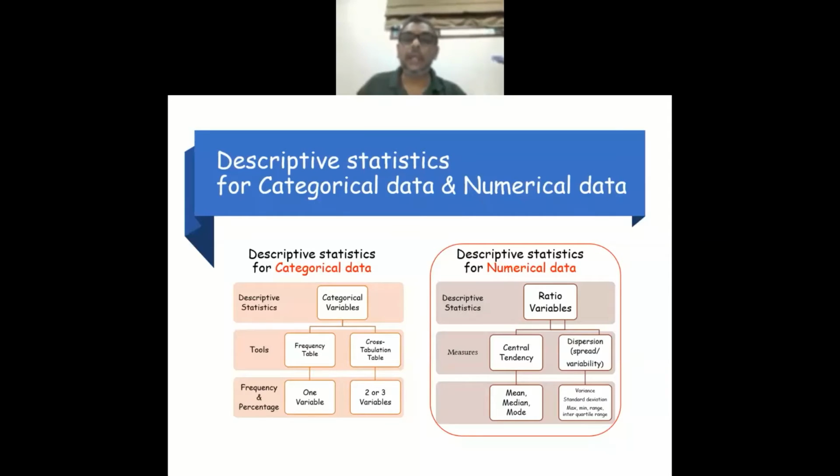You can do descriptive statistics for categorical data, and what I have presented here is what kind of analysis you can perform. On the right hand side is descriptive statistics for numerical data, and this is how you can measure them.